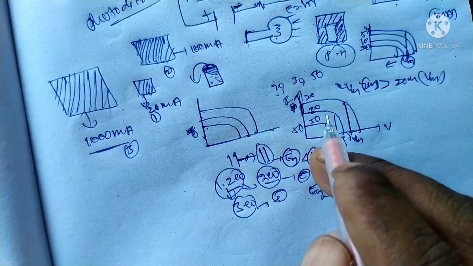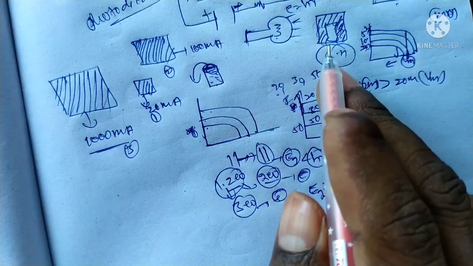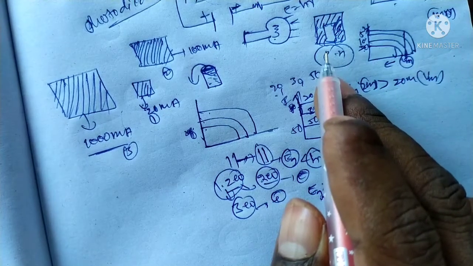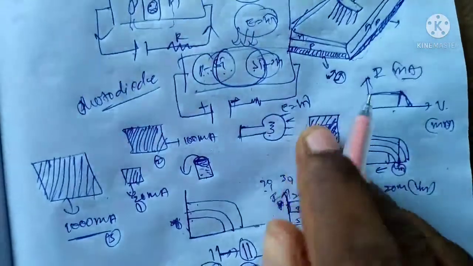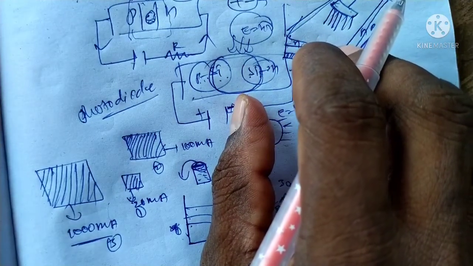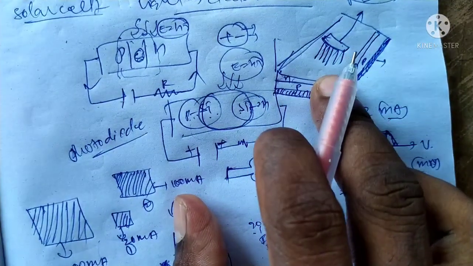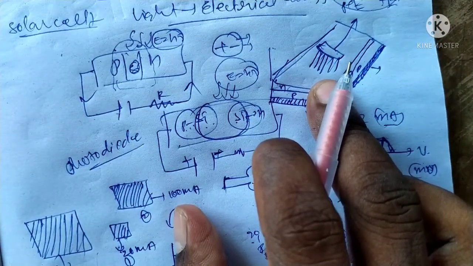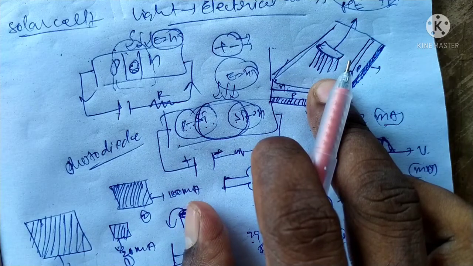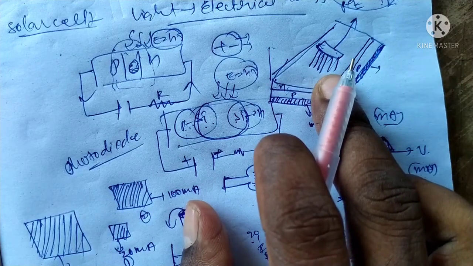The light energy is converted into electrical energy in the form of a solar cell. Now we discuss this diagram. This is the electrical grid. These are metallized finger electrodes.